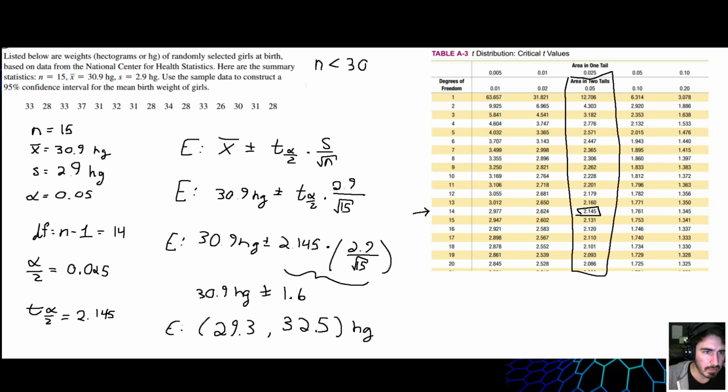And if we wanted to be more accurate, we could do 30.9 minus that value, and I'm going to do this in a different color: 29.294.